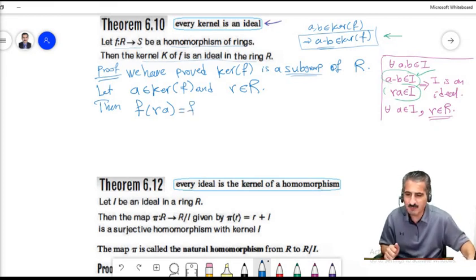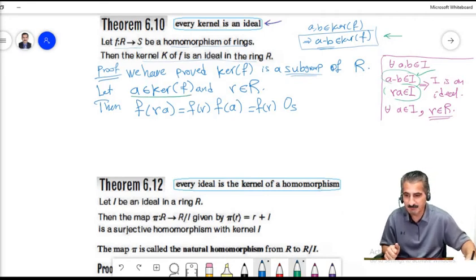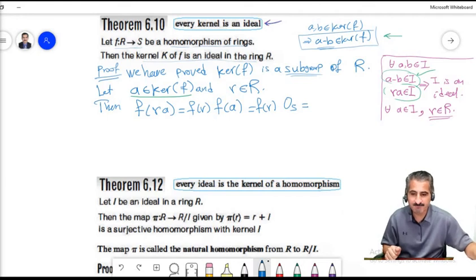This is a homomorphism. So f of ra is f of r times f of a. But f of a is the zero of the ring S. Why? Because a belongs to the kernel. And that gives the zero. So we conclude that ra belongs to the kernel of f.